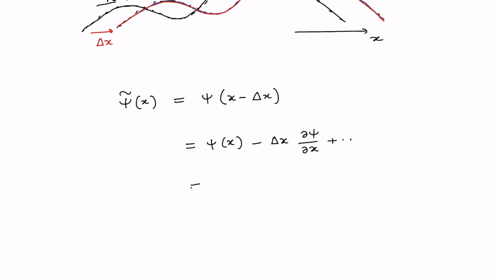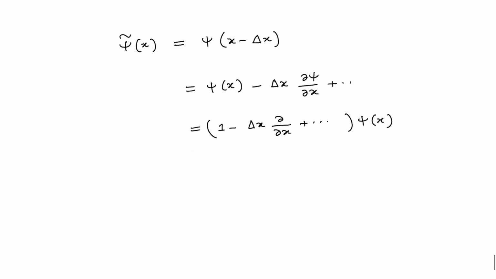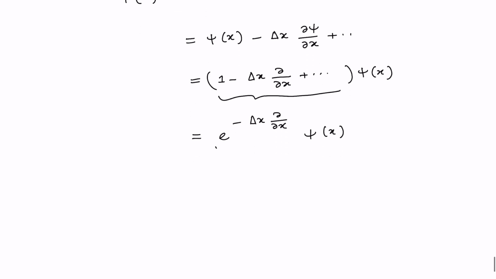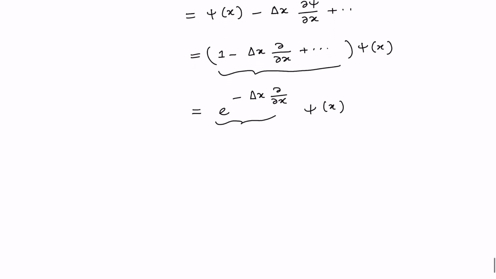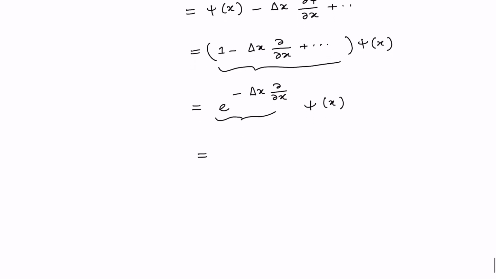These I can now write as 1 minus Δx d/dx plus many more terms, acting on ψ(x). This is nothing but e to the power minus Δx d/dx acting on ψ(x). So this quantity I can say is my displacement operator.